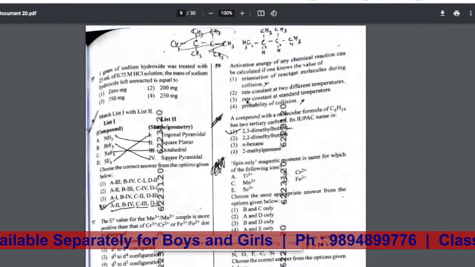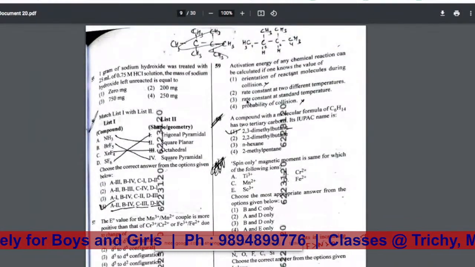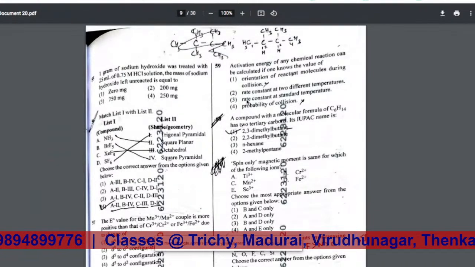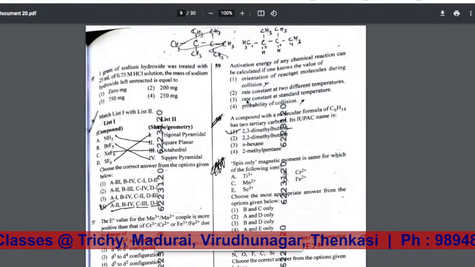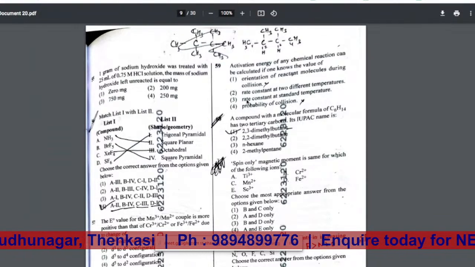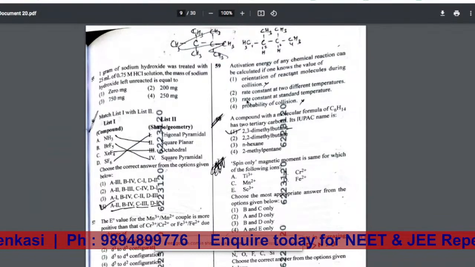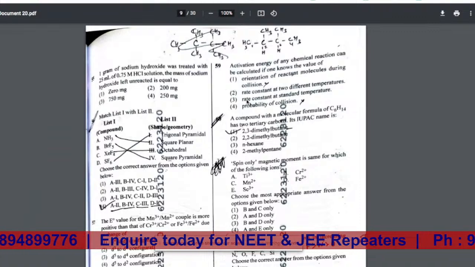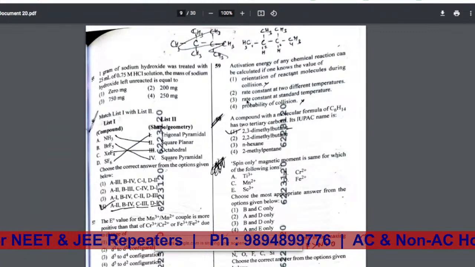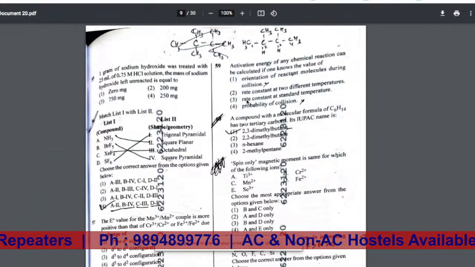Next: activation energy of any chemical reaction can be calculated if one knows the value of orientation of reactant molecules during collision, rate constant at two different temperatures, rate constant at standard temperature, or probability of collision. The correct answer is the rate constant, because activation energy has a relation with rate constant K in the Arrhenius equation.